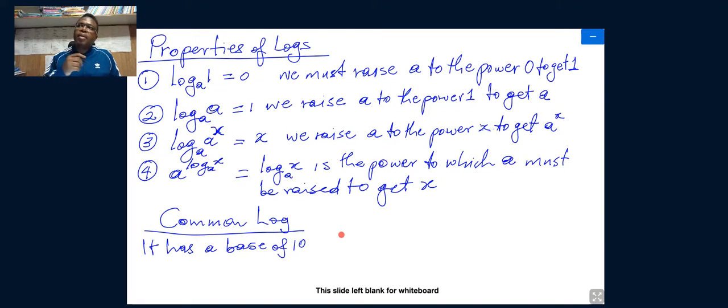Like any variable or like any other number, it is raised to the power 1. If it is not raised to the power 1, then you're going to write a to the power half, or a to the power 2, which is a squared.